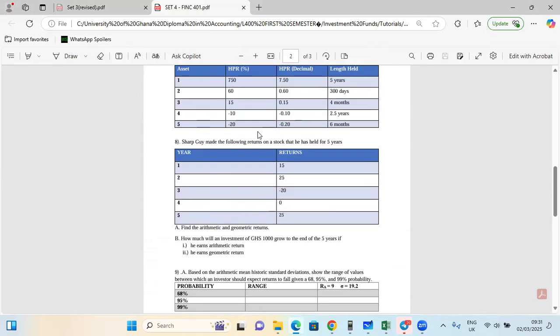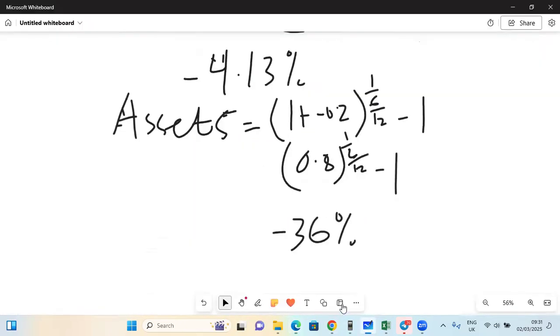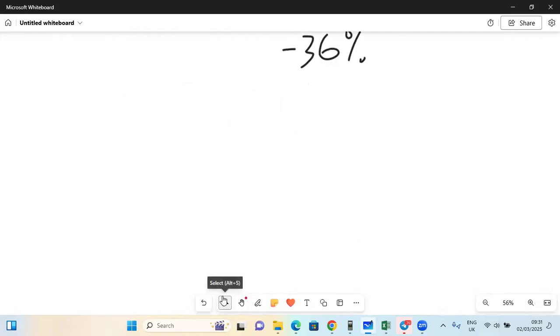All right, so Sharp Guy made the following returns on a stock that he has held for 5 years. First of all, they're asking us to find the arithmetic and geometric mean. So arithmetic mean, that's question 8.